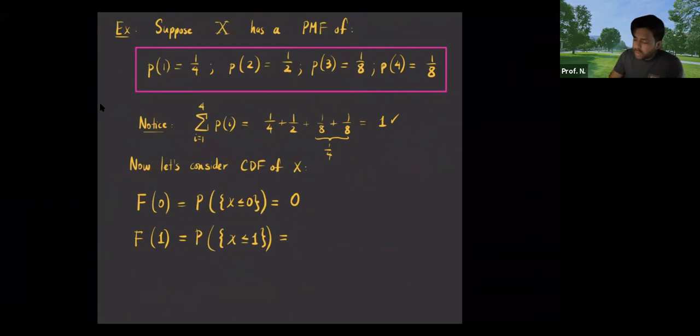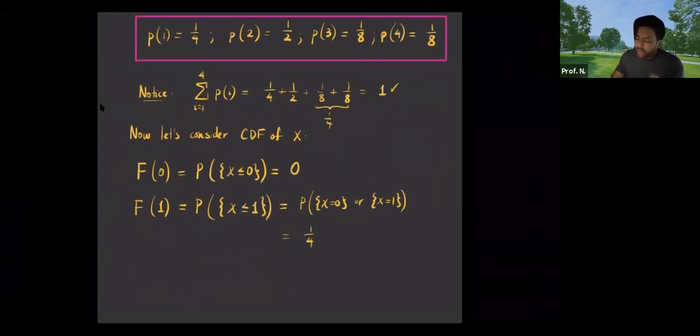The probability that x is 0 or the probability that x equals 1. The probability that x equals 0 is 0, and the probability that x equals 1 is 1/4.